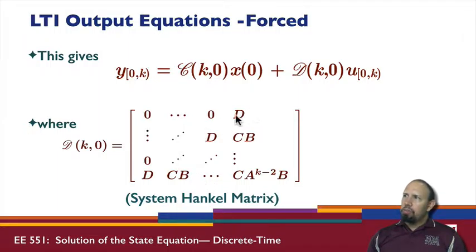It's a Hankel matrix because it has things repeated along the anti-diagonals. Usually we think of the diagonals going one way, and the anti-diagonals go the other way, and so this actually has some significance. It's called the system Hankel matrix. So these are the output equations for the forced system.